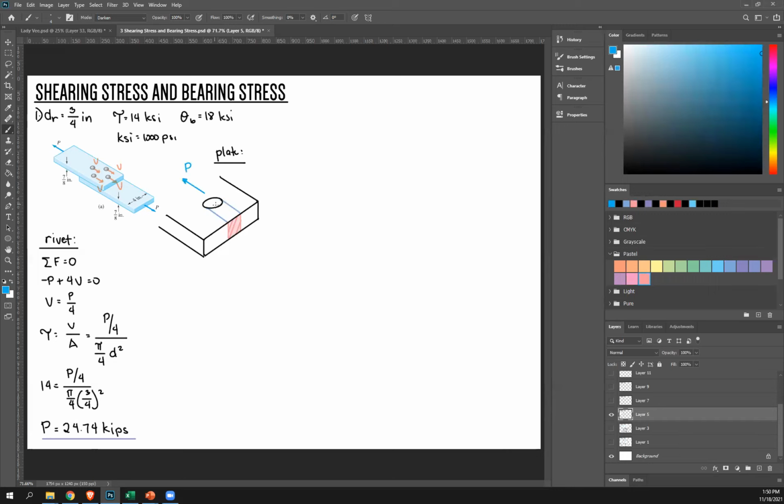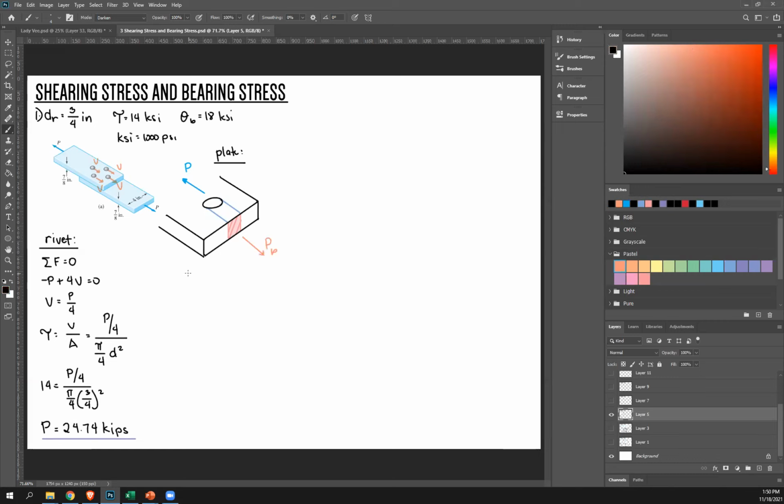That's your P. If you cut it here, you'll see that this is the shear area at the bottom, and we're talking about bearing. You'll see that the resisting portion is on this side, but again, we're using projected area. The reaction force there would be this way, that's your PB.